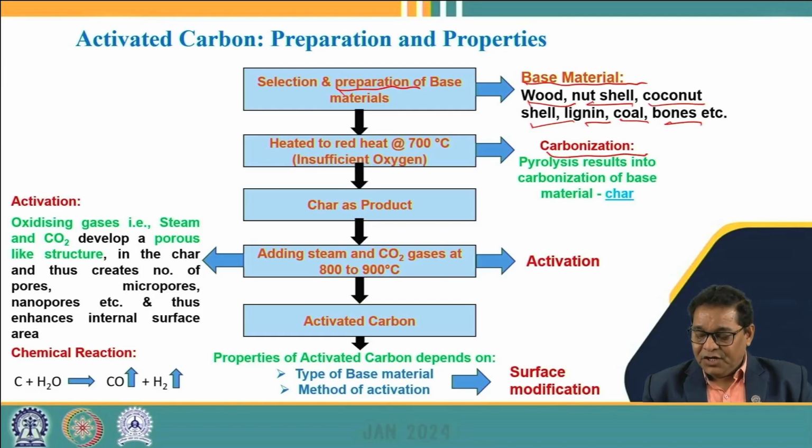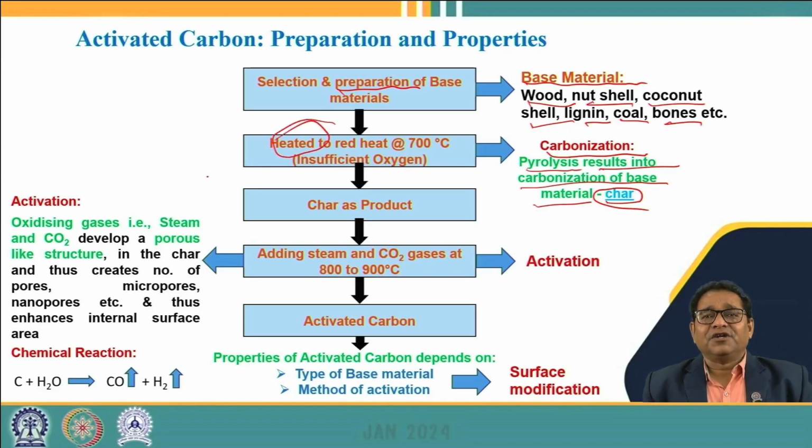Carbonization is essentially a pyrolysis process which carbonizes the base material and converts it into a char material which is very rich in carbon content. This process is carried out by heating the base material to a red heat at a temperature of around 700 degrees centigrade, and essentially it is done in the absence of oxygen.